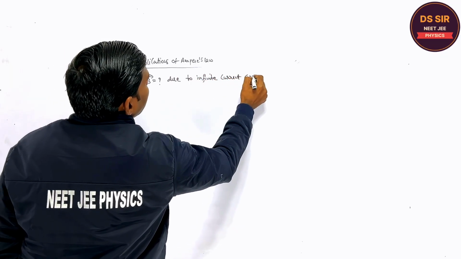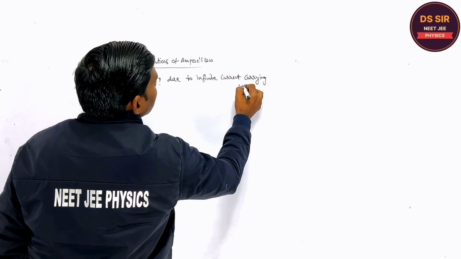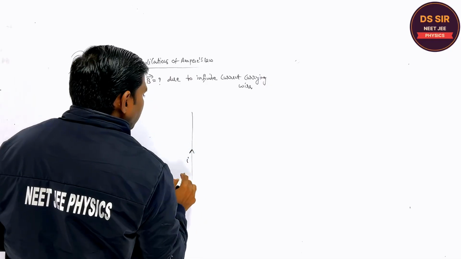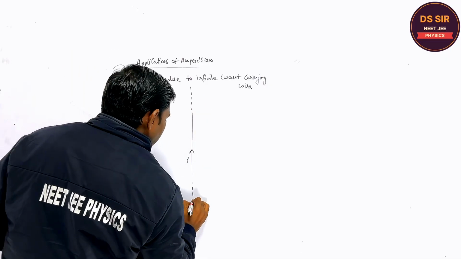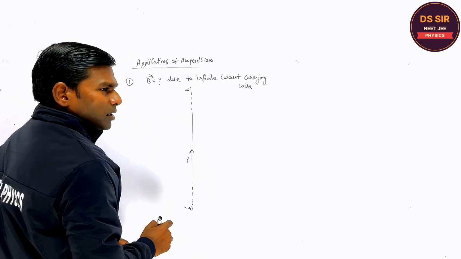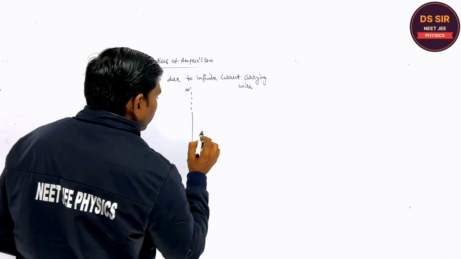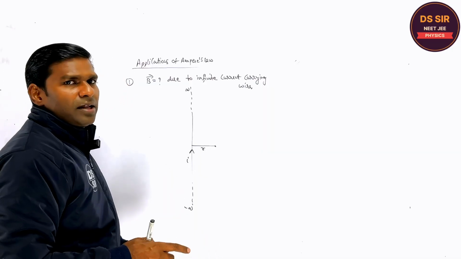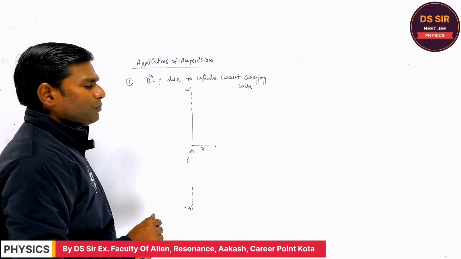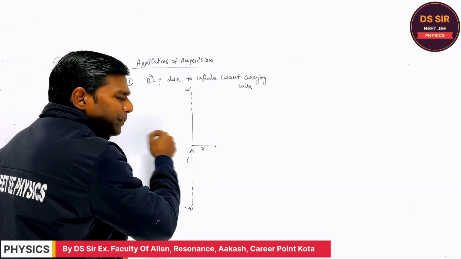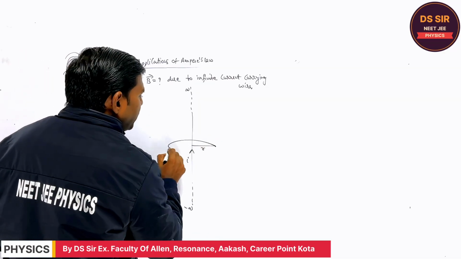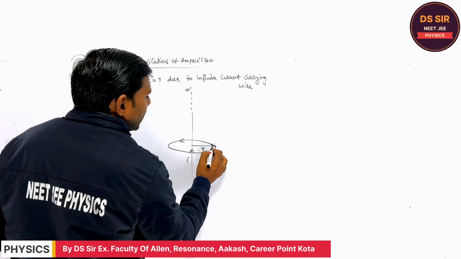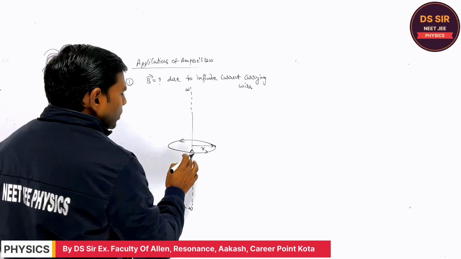Suppose this is the wire having the current I and it is going up to infinity. Is it clear or not? And at distance r we have to find the magnetic field. So to find the magnetic field, as we have done in case of Gauss's law, we have to choose the Amperian loop. Here the Amperian loop I am taking is this circle, and at point P we have to find it.